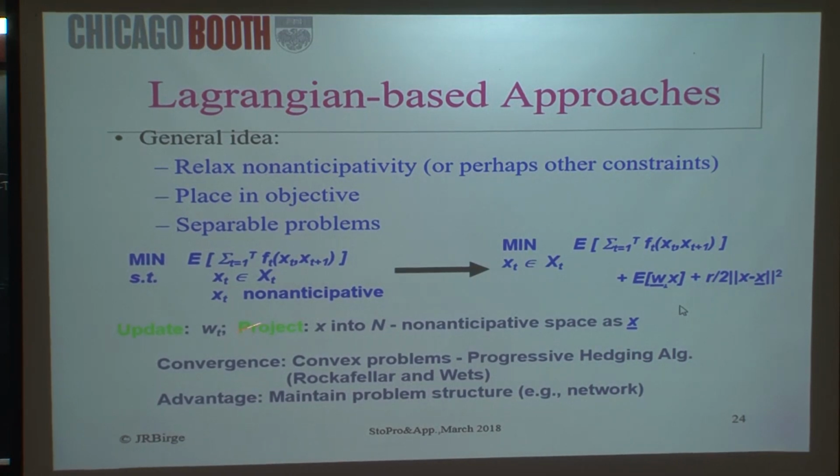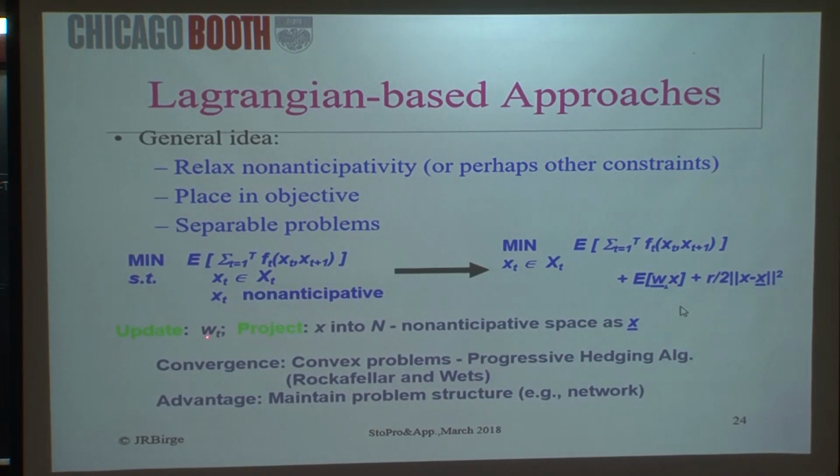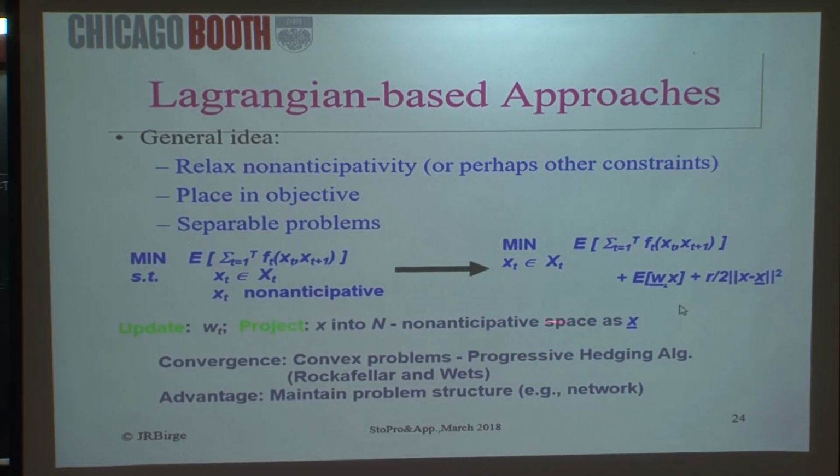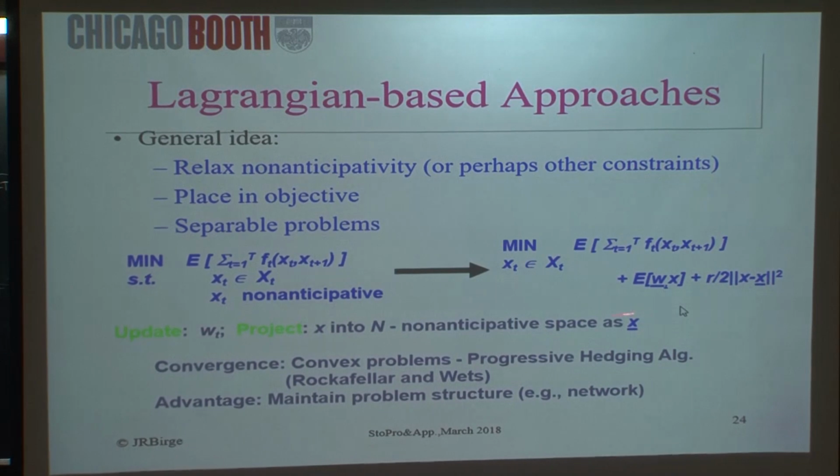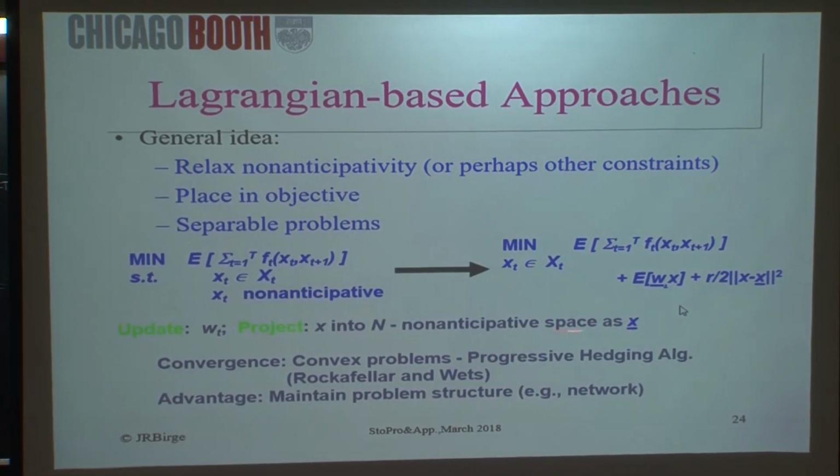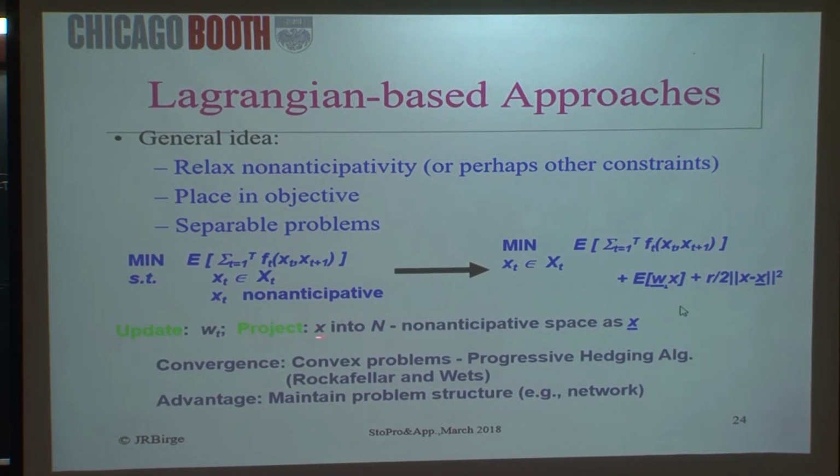Then every time I solve it, I'll update the multipliers, and I'll update this feasible point. The way I do that is I solve this problem and I get a set of x's, and then I can find a feasible point effectively just by taking their conditional expectation.